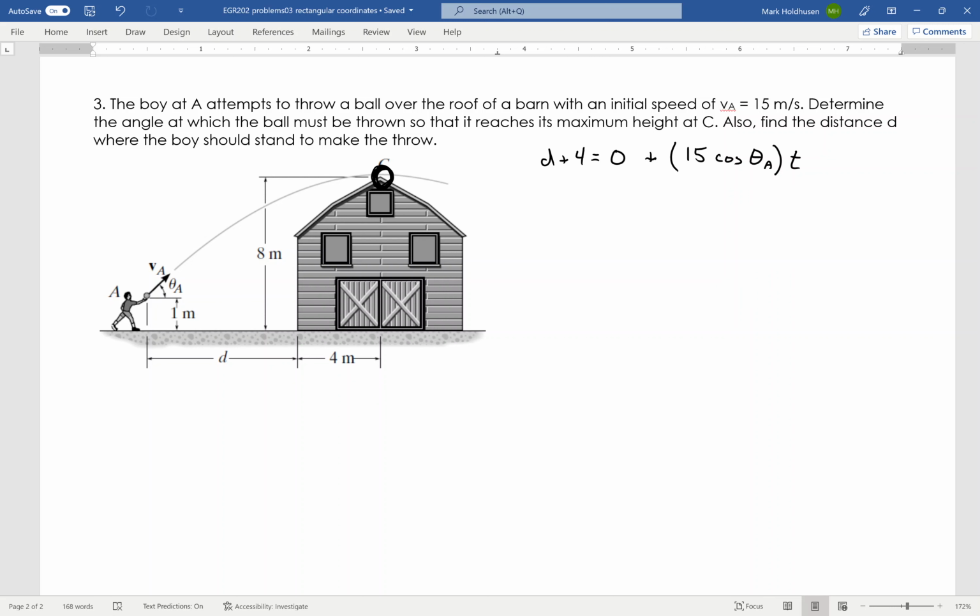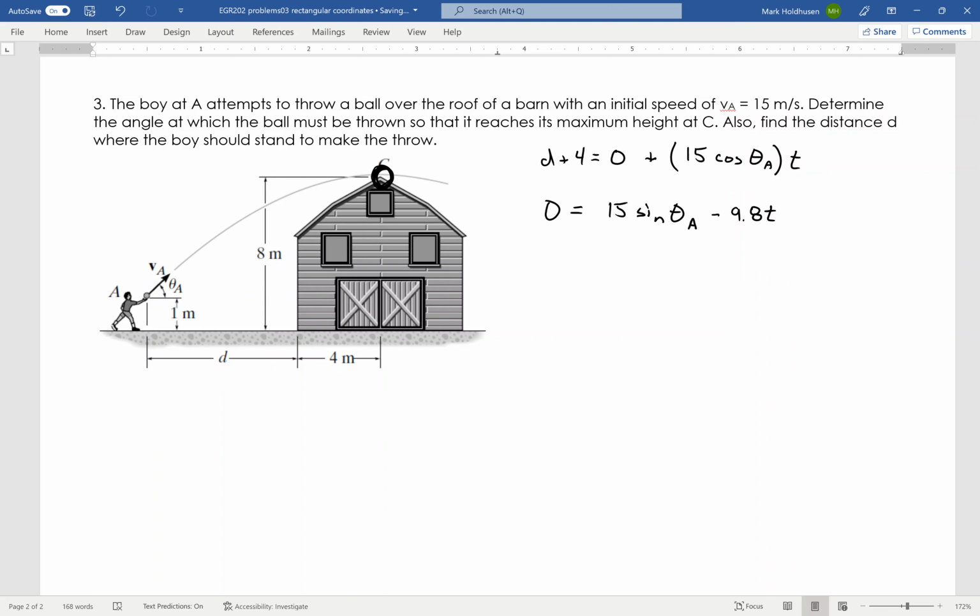Since I know the velocity, I'm going to use the velocity equation, in that my final velocity in the vertical equation is 0, whereas my initial velocity is 15 sine of that theta A, and my acceleration is negative 9.8 t.